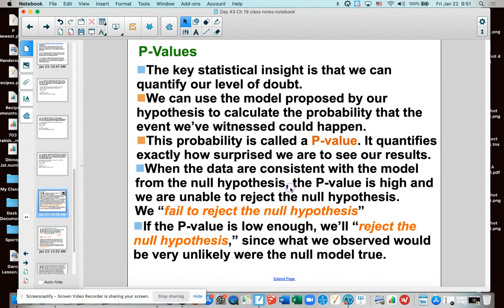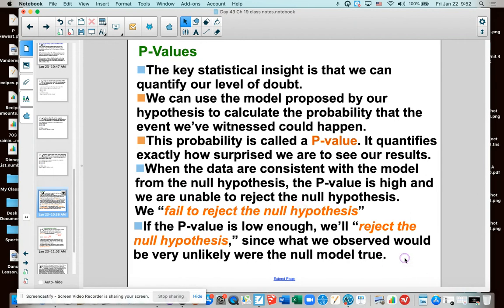If your p-value is high, like 50% or 40% or 30%, then you're just saying, well, that happens. The type of sample that I got happens 30% of the time or 40% of the time, so it's not unusual. So there's no reason to think that the claim is false, and I'm going to accept that claim, or at least I'm going to say I failed to reject it. I don't have any evidence to suggest that it's wrong.